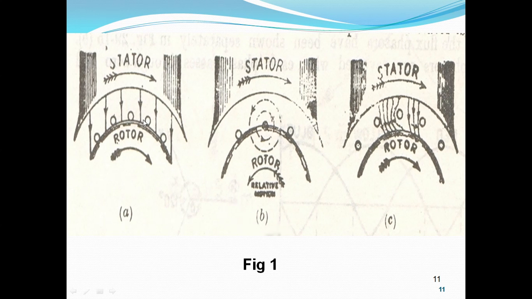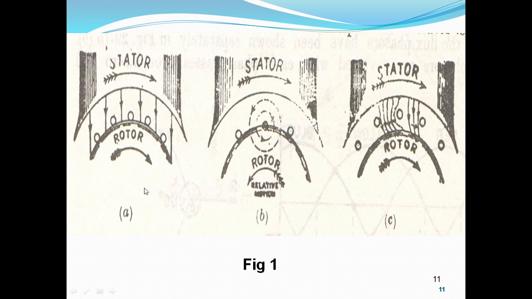Here the rotor produces current due to the induced EMF, and its direction is given by Lenz's law. Here you can see the current is coming like this, whereas the rotor flux is in the anti-clockwise direction. This is the rotor flux, this is the stator flux.